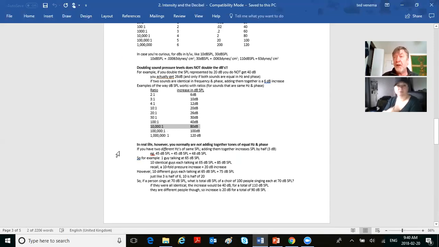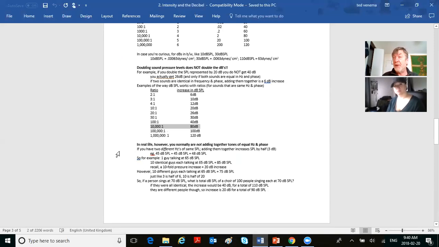Well, first of all, remember the people are different. They're not the same. Okay, so normally when you increase the pressure by 100-fold, you've gone up by 40 dB. But that's only if everything is identical. That's if you had a choir and now you have 100 clones of the same person. Then you'd be going 70 plus 40 is 110.